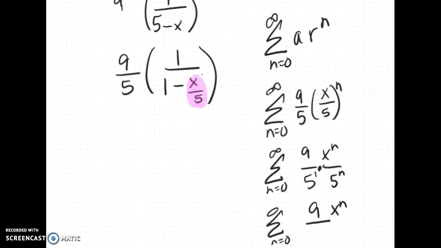So my exponent here is 1, my exponent here is n, so I have 5 to the n plus 1 power, and so now I have it in the form of a times x to the n, or a r to the n power. And now I have that function g of x written as a geometric power series.